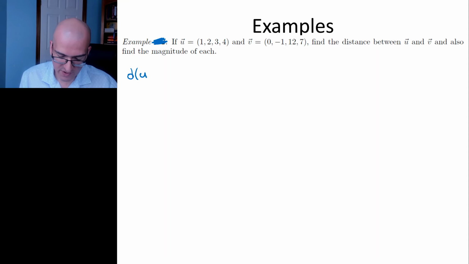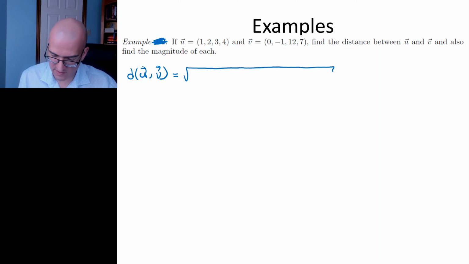The distance between u and v, that's our notation for distance between 2 vectors, is the square root of, we have the x component minus the x component, so 0 minus 1 squared plus negative 1 minus 2 squared plus 12 minus 3 squared plus 7 minus 4 squared.